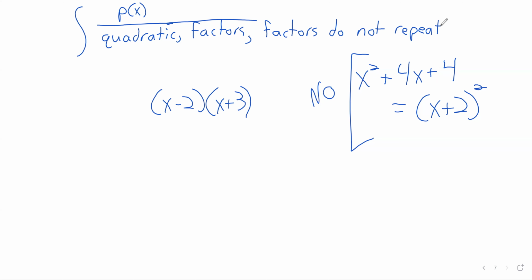And that top, that p of x, I'm not explicitly putting any expectations on it, but it has to either be a constant or linear, just because the degree has to be less than the bottom. And this is what I think of as sort of a clean case.